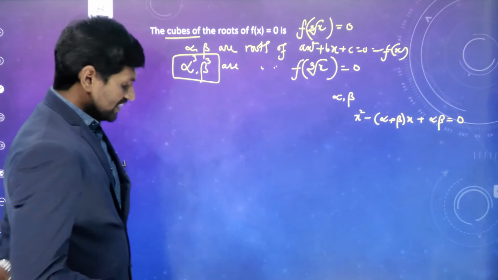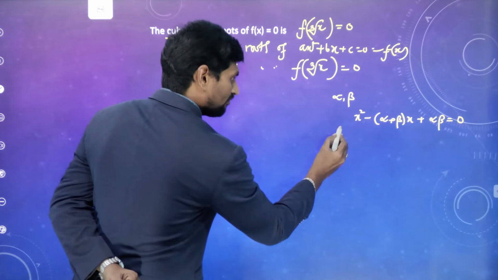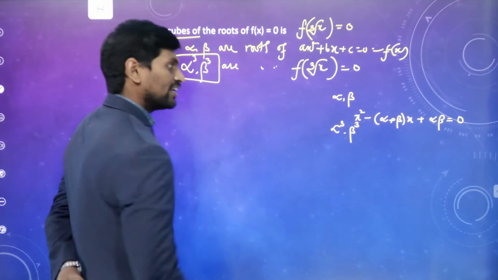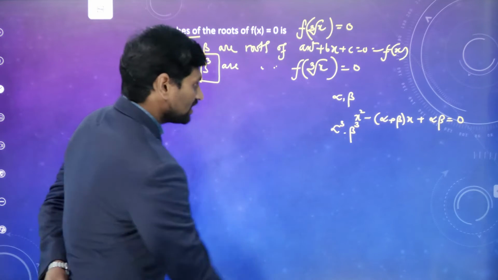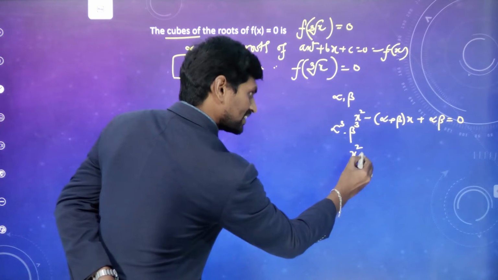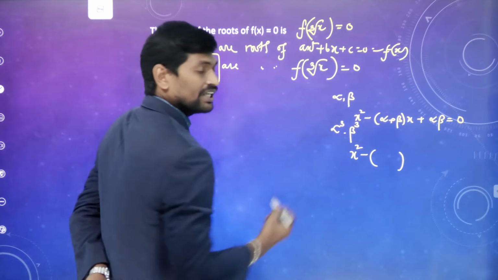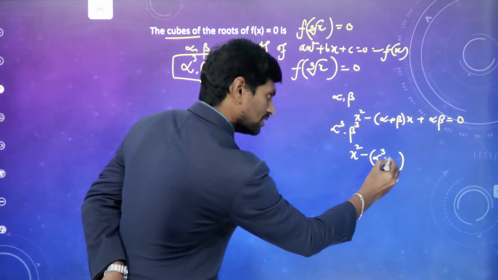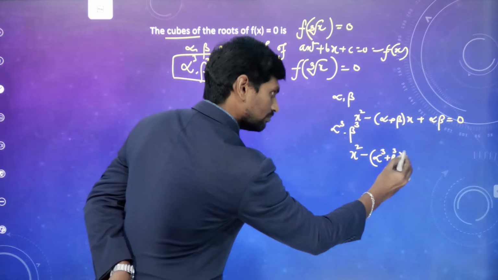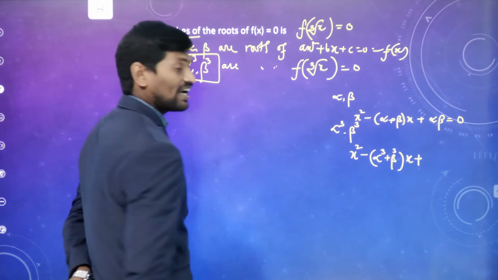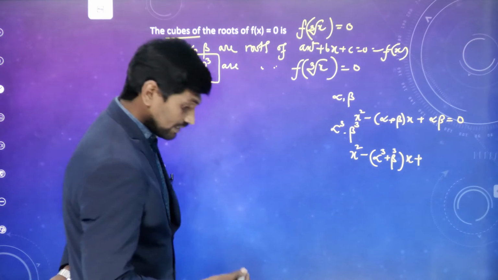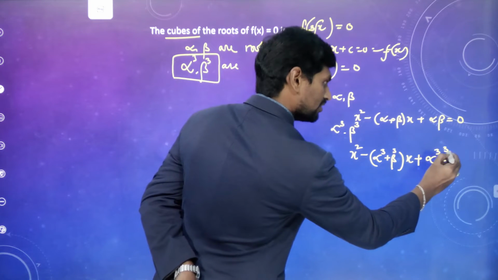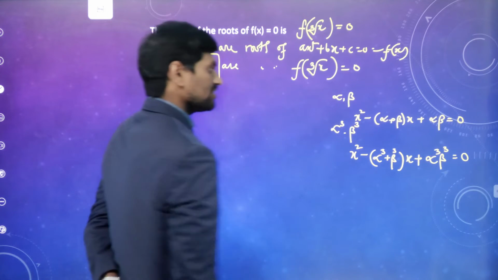In the same way, in the place of alpha, beta, if you have alpha cube, beta cube as the roots, then the equation will be x square minus (alpha cube plus beta cube) into x plus alpha cube into beta cube equal to 0.